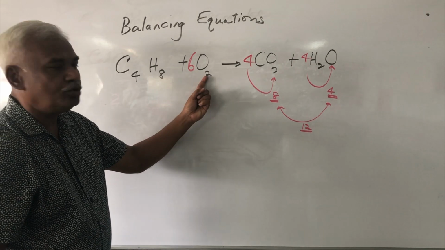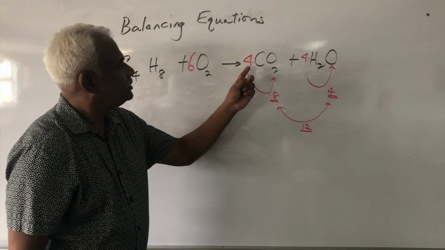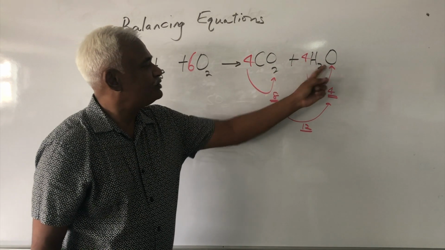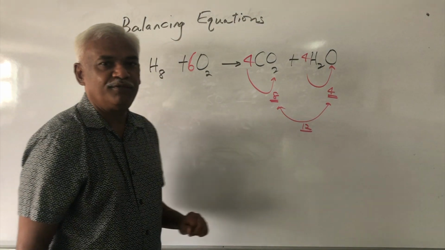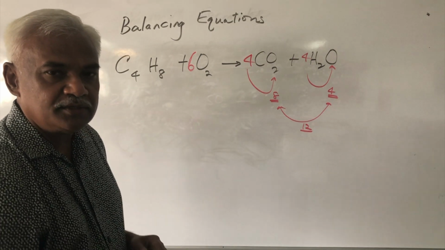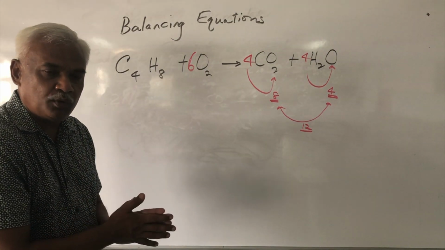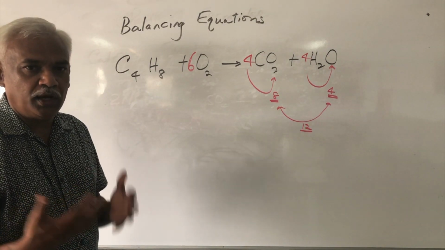Oxygens, 6 times 2, 12 oxygens. 4 times 2, 8 oxygens. 4 times 1, 4. 8 plus 4, 12. So as I said, you look at the very simple ones, you practice, apply what you have learned from the simple ones to the more difficult ones, and the same thing works.